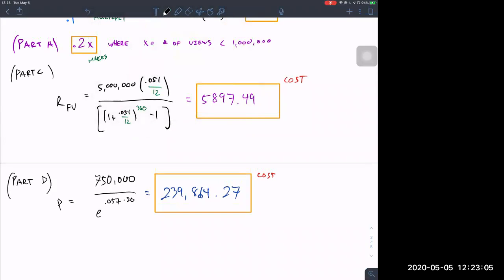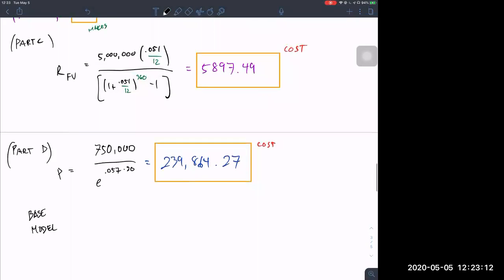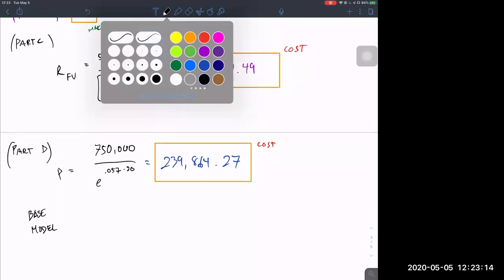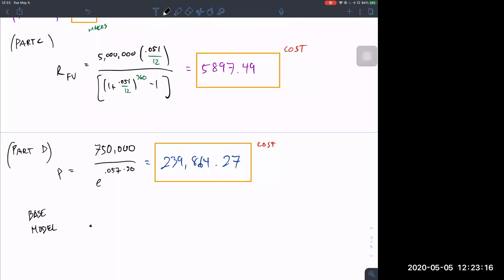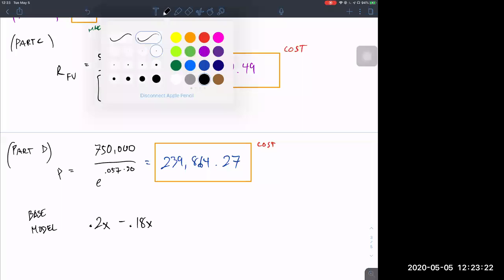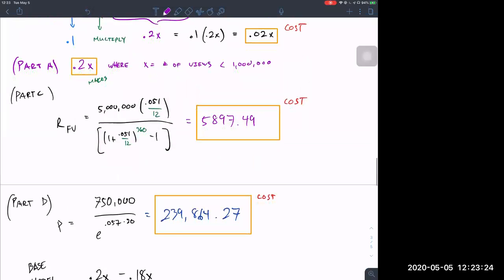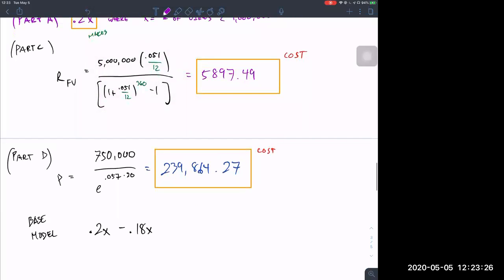So your base model is going to be 0.2x minus 0.18x. I'm sorry, I did that wrong. 0.02, got ahead of myself.